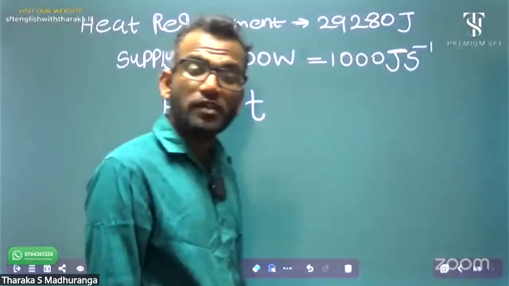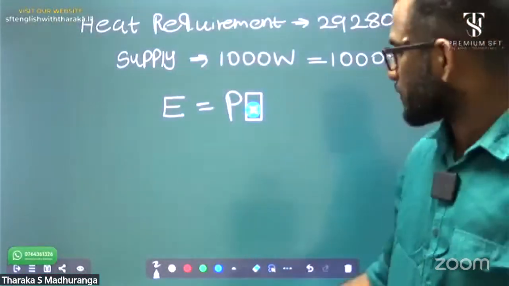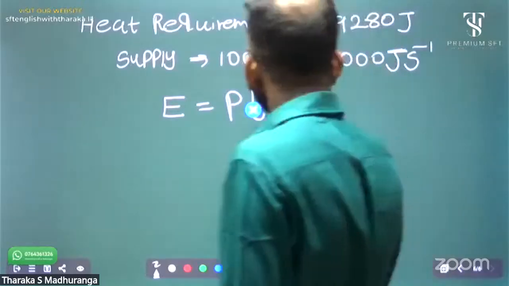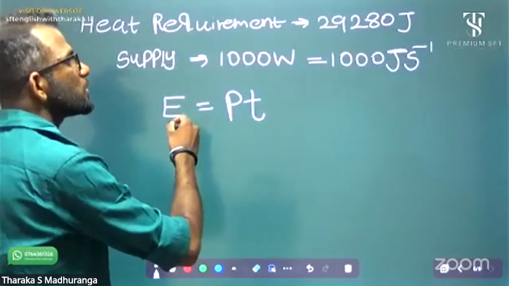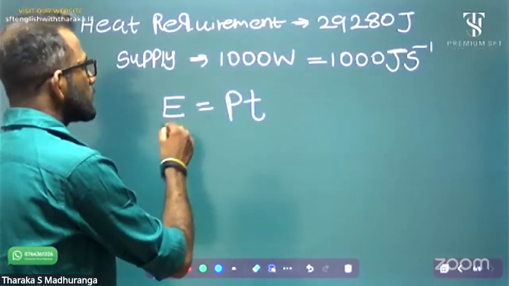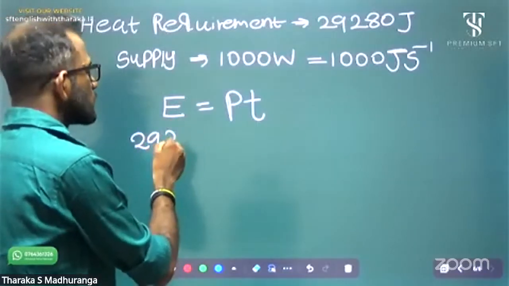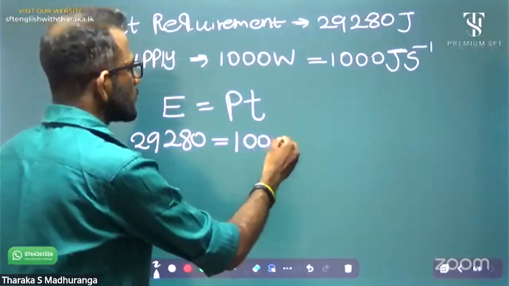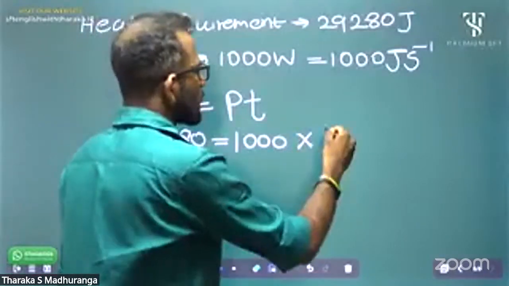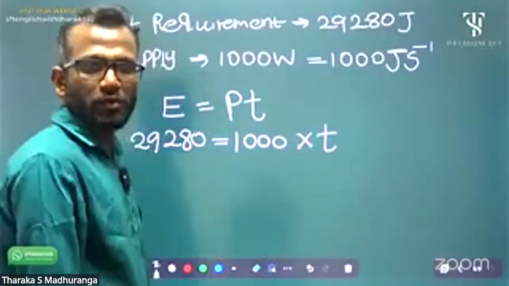Now the question is the time requirement, T. The energy amount 29,280 equals the power 1000, time we don't know.